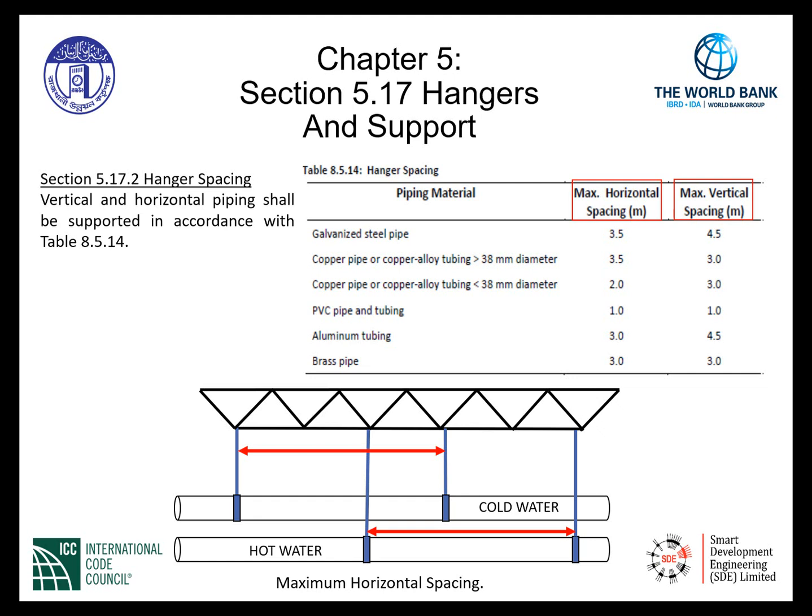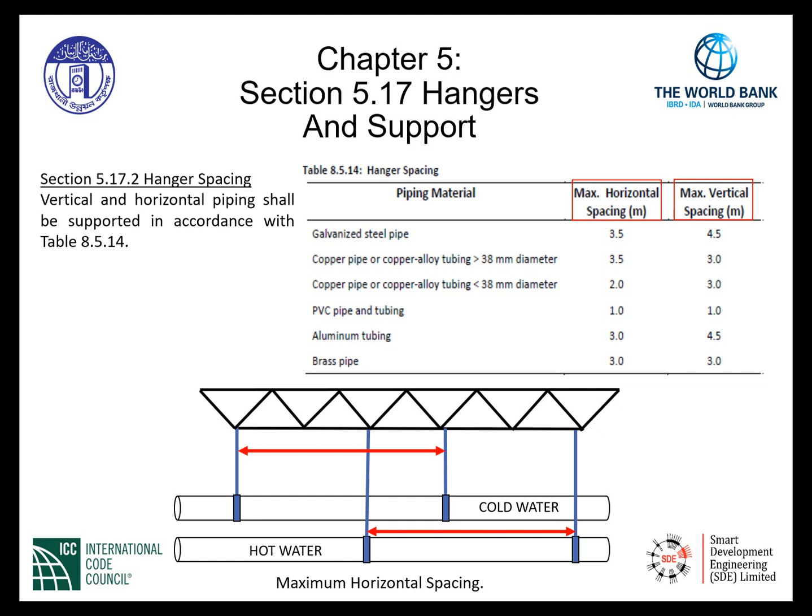The next column gives us the maximum horizontal spacing in meters. And the very last column gives us the maximum vertical spacing in meters. So it is dependent upon the material and in some cases the diameter of the piping material will provide requirements for horizontal and vertical spacing.